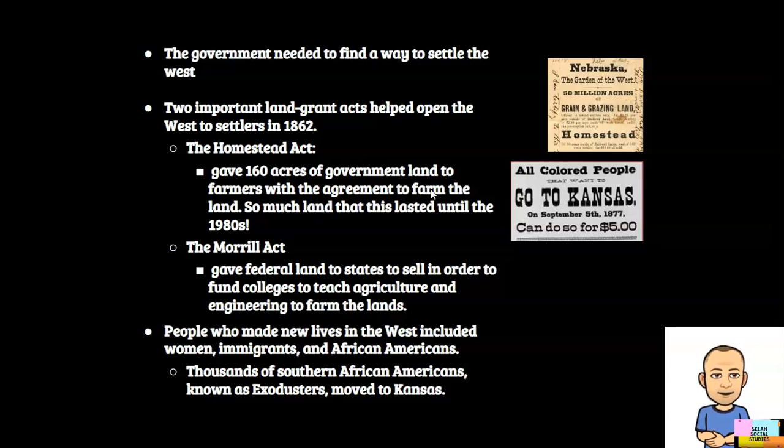So the result of these two acts was the migration of thousands, if not hundreds of thousands, of settlers, like women, immigrants, and African Americans to the Midwest. Thousands of Southern African Americans, known as Exodusters, moved to Kansas.